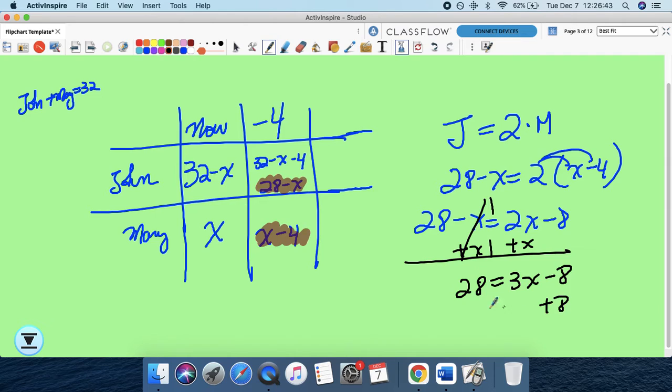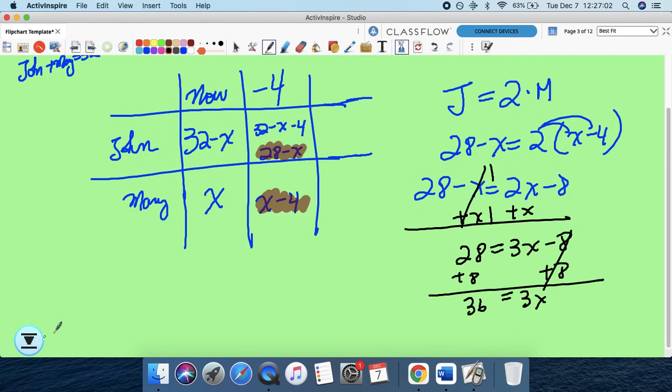Add 8 to both sides, right? That goes away. 3x equals 28 plus 8 equals 36. Divide both sides by 3.